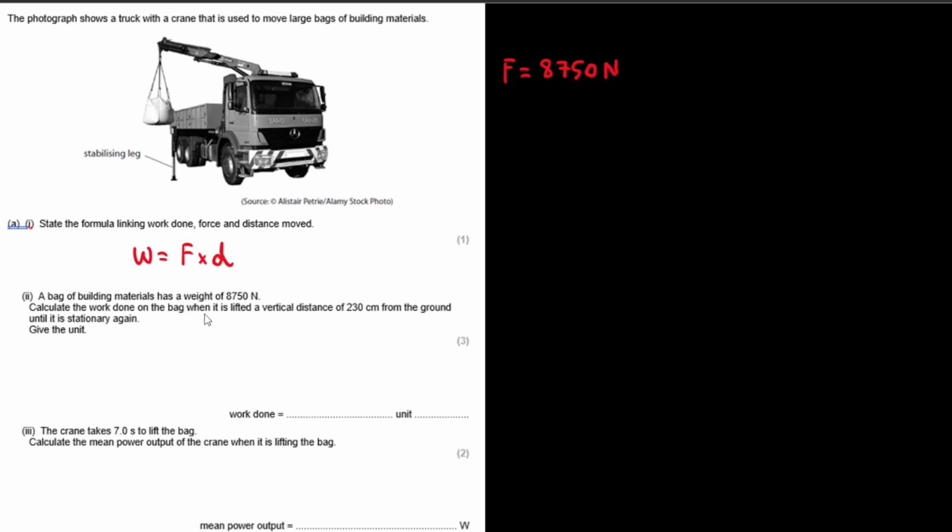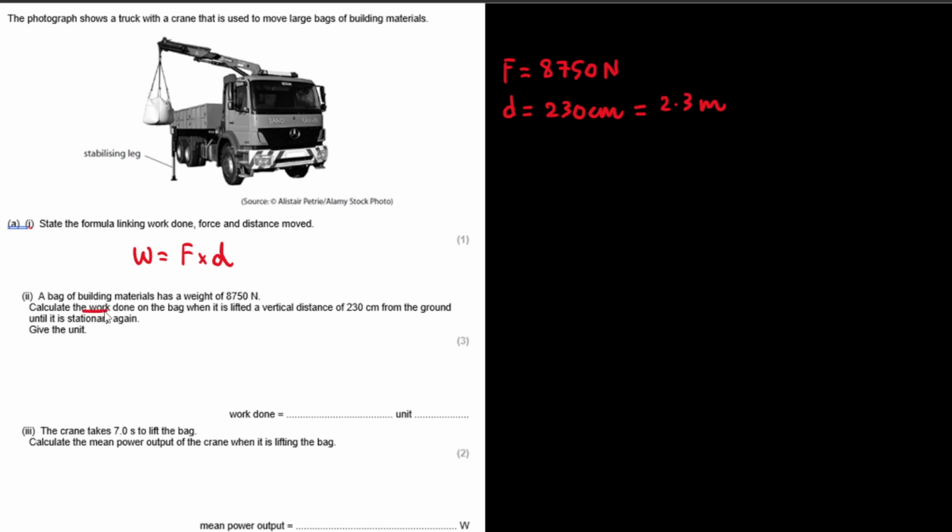Calculate the work done on the bag when it is lifted a vertical distance of 230 centimeters from the ground. So your displacement is your vertical distance, your d, which is 230 centimeters. We want it in meters, so it's going to be 2.3 meters.